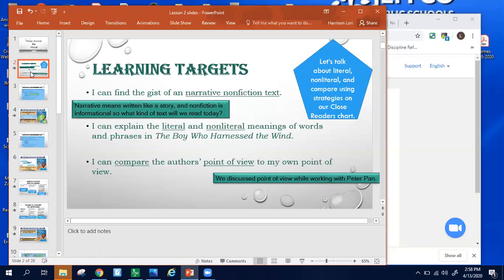There's some interpretation there. Third learning target is I can compare the author's point of view to my own point of view. We talked about point of view a lot during Peter Pan. We discussed what Peter Pan's view of things was, what Tinkerbell's view of things was, and how Tinkerbell had a view of what things were from her point.